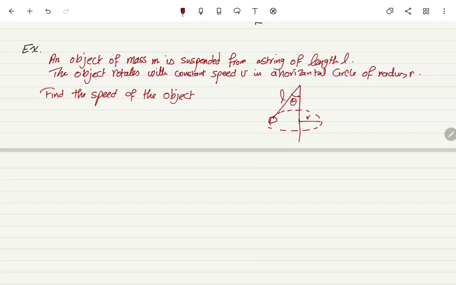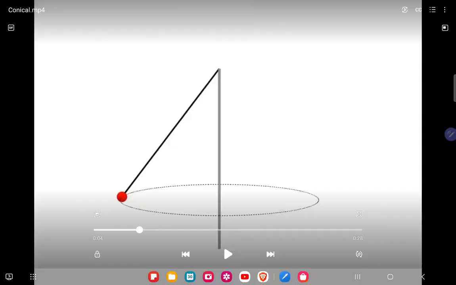As we can see here, an object is rotating in a horizontal circle and it sweeps like a cone. This is, by the way, called a conical pendulum. Now in this example, this is theta, and this is the rope used to connect this object, with length L, and the radius for this circular path is r. The question is, find the speed of the object.